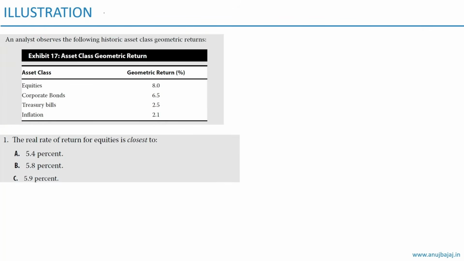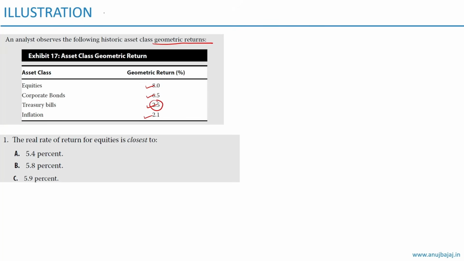Let us look at an example. An analyst observes the following historic asset class geometric returns. For equities, the geometric return is 8%. For corporate bond, it is 6.5%. For treasury bills, it is 2.5%. And the inflation is 2.1%.